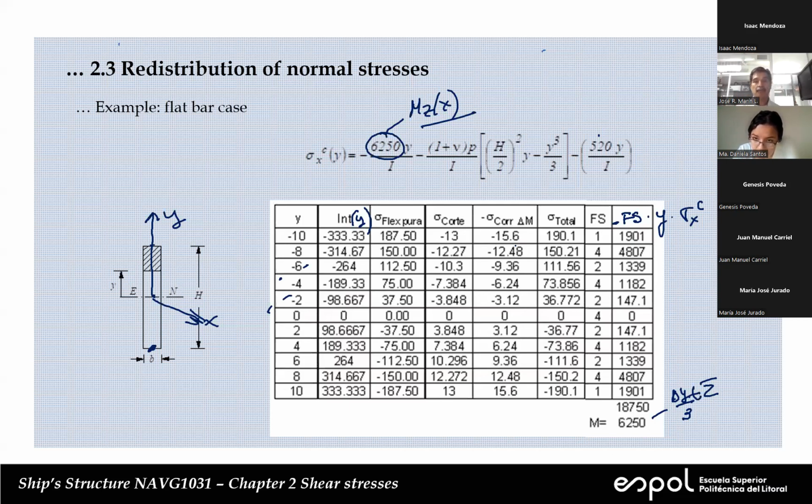You integrate pure bending normal stress, and you get M. You integrate the shear stress correction, and you get delta M. If you integrate the correction by Taylor, you get minus delta M. So you add the three terms, the two cancel, and you get M. And you go back to equilibrium.